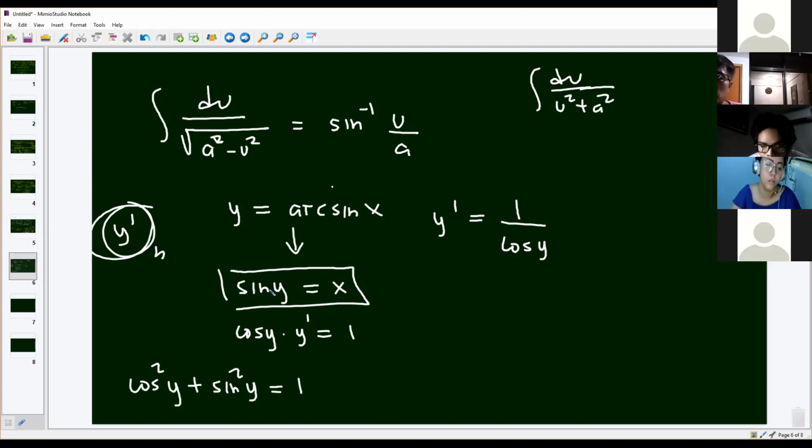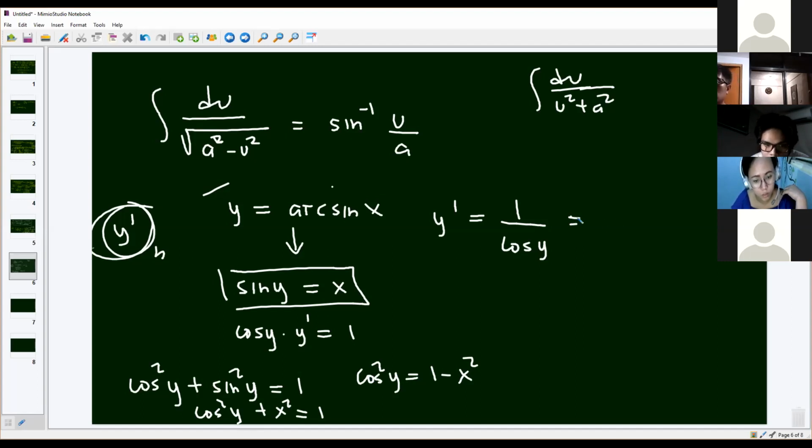Now, we know sine y is x from our given. So this means cosine squared y plus x squared is 1. So what is cosine squared y? 1 minus x squared. So what is y prime? Y prime is 1 over the square root of 1 minus x squared.